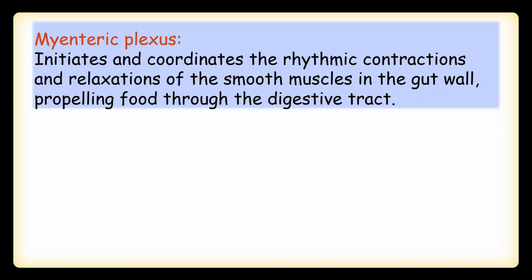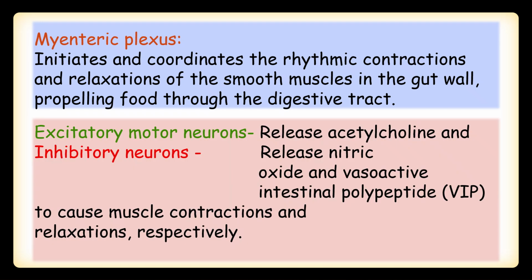The main function of the myenteric plexus is that it initiates and coordinates the contractions and relaxation of the smooth muscles, which is responsible for propelling the food through the digestive tract. In the myenteric plexus we have excitatory motor neurons which release acetylcholine, and inhibitory neurons which release nitric oxide and vasoactive intestinal polypeptide to the muscle to cause muscle contractions and relaxations respectively.